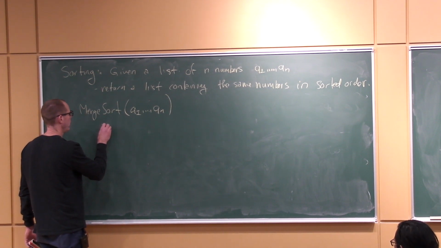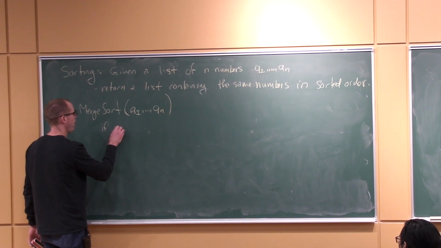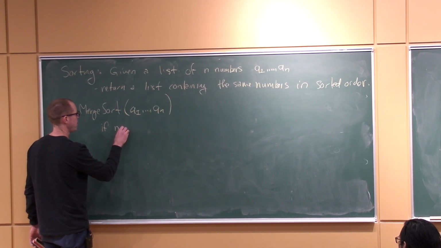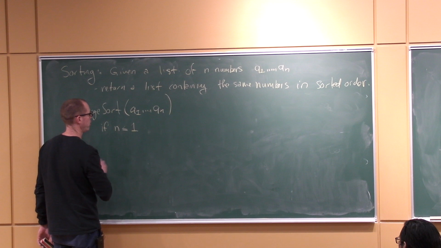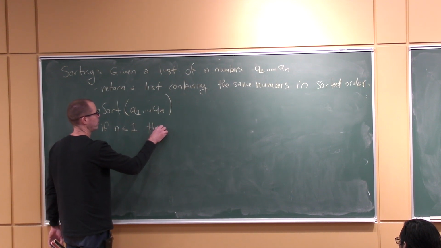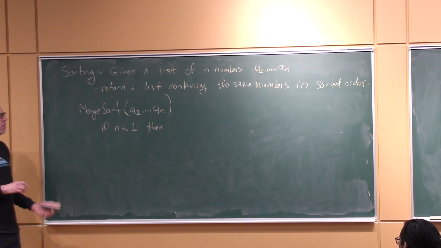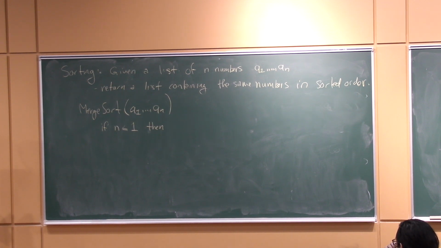So if n is less than or equal to 1, that means we have either an empty list or a list with one element in it.